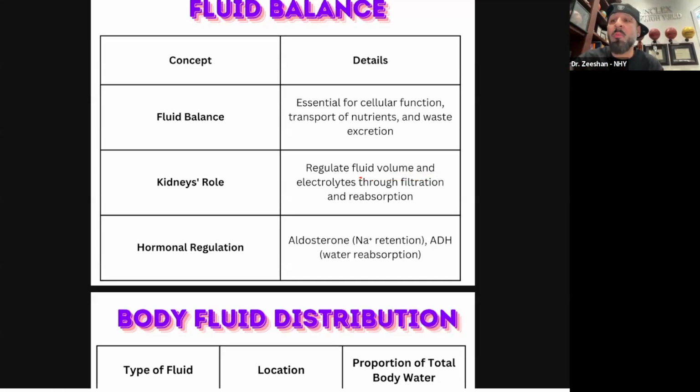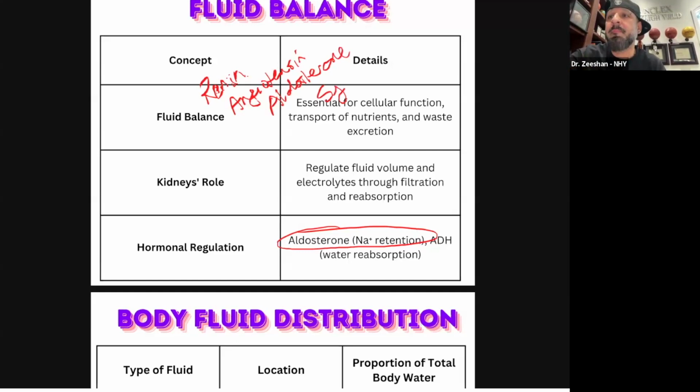And it comes into hormonal regulation. This is where I start to teach you how important fluid balance is. The one concept, and I've taught this to my students left and right, and they'll know this, is the renin, angiotensin, aldosterone system, or RAAS.